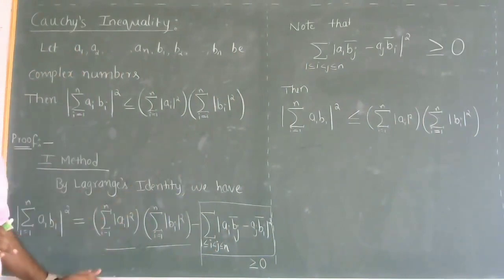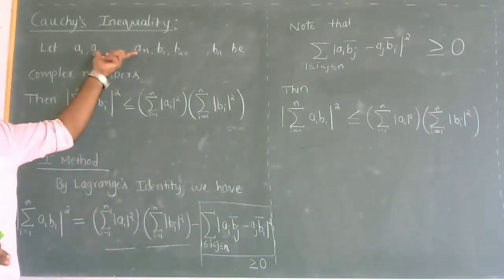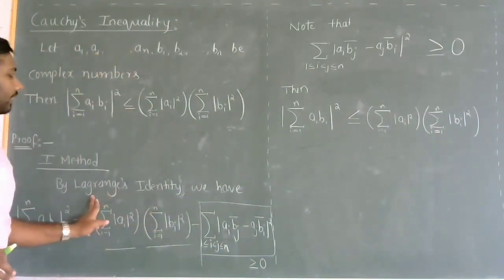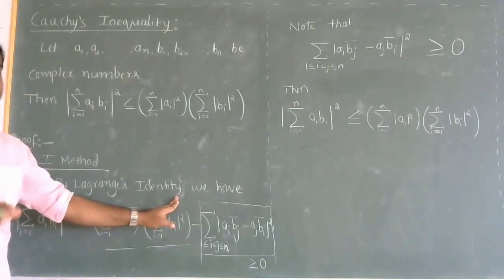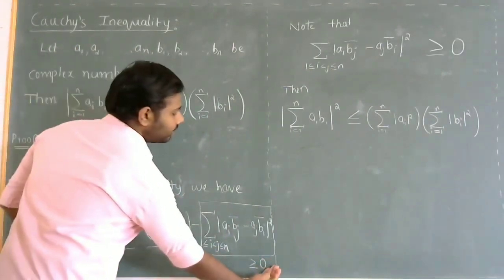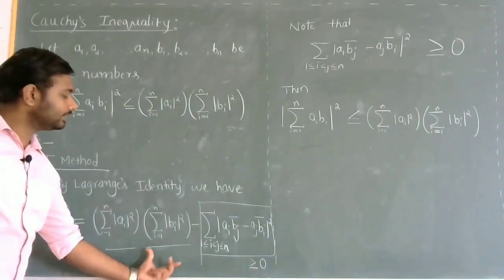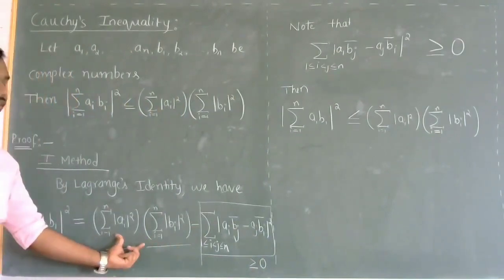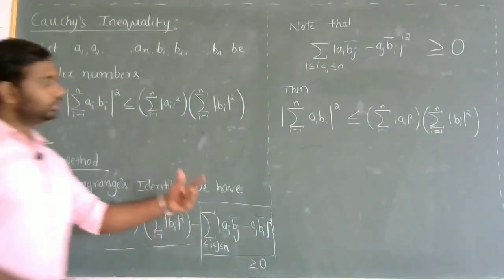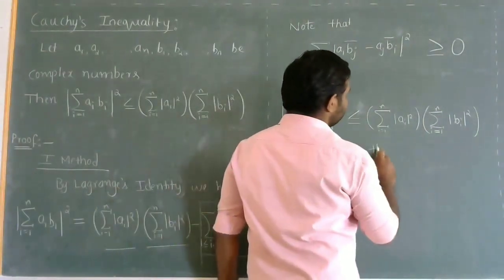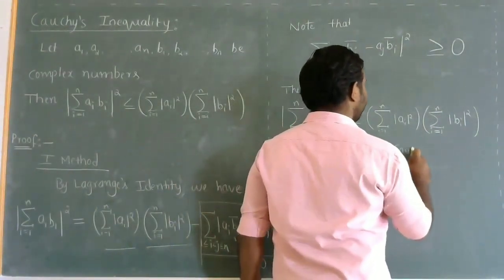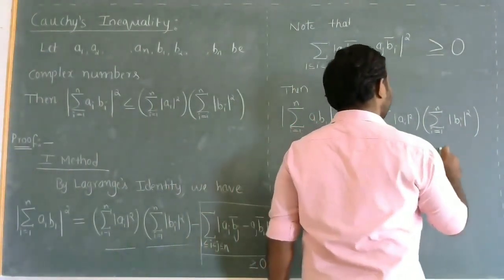This is the simplest method of getting Cauchy's inequality by Lagrange's identity. We just have to observe that the right hand side difference is less than or equal to the first number, which is nothing but the Cauchy's inequality.